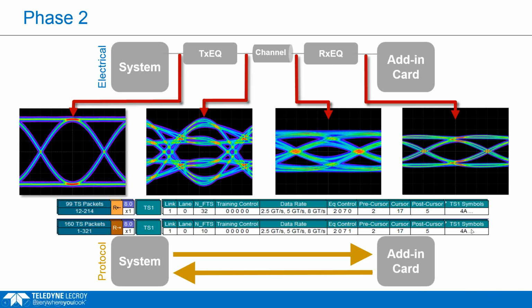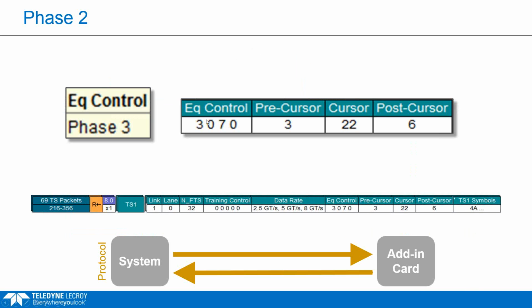But in any case, once it's made as many iterations as it's going to do, it will transition to phase 3. So we can see now, here we have a packet from the add-in card, and now if you look in the EQ control, you can see the phase has moved to phase 3.